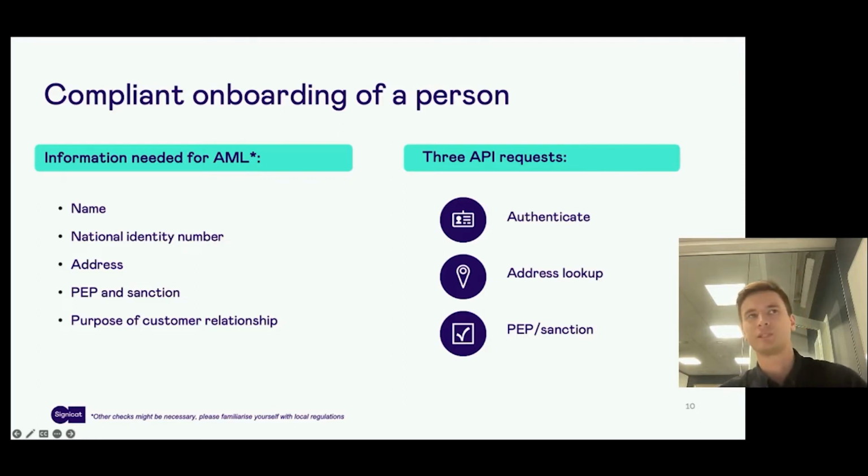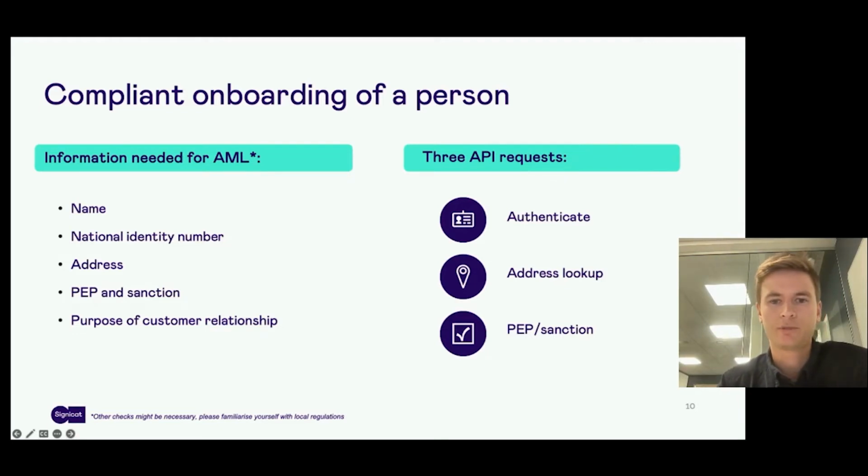So for the rest of this example, I will be using a Norwegian example. So a Norwegian BankID as an electronic ID method, and Folkeregisteret as an address source. And this will also be a slightly condensed AML version. And we have written a blog post that has a lot of details on this topic that we will also send out after the webinar to your emails.